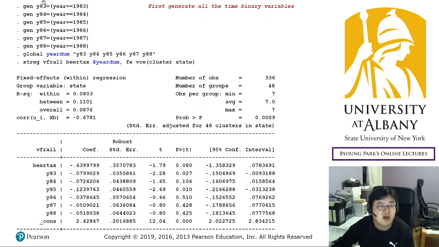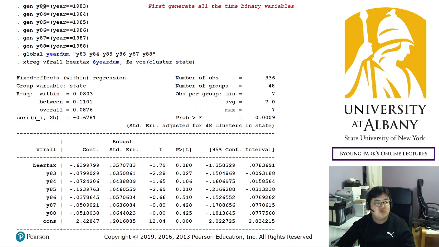One equality sign is a definition, and two equality signs show whether they are the same or not. If they are the same, it takes 1, otherwise 0. In the parentheses, it's a logical indicator. If the parenthesis is true, then it is 1, otherwise 0. So the double equality is a conditional logical operator.